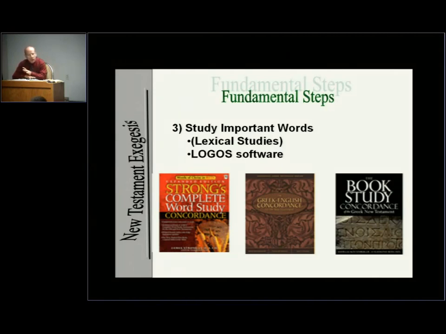These are all for English speakers, for people who are not experts on Greek and are not ever going to be, but are wanting to get back to the languages of the Bible. Obviously, the first one is the only one that's going to help you with both Old and New Testament. The middle one, the Greek-English Concordance, and the Book Study Concordance are New Testament study tools.